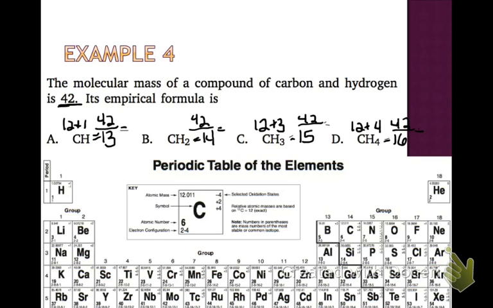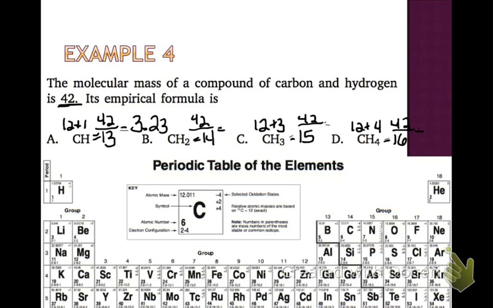So go ahead and take out your calculators and see what would give you a whole number. So for A, if I divide 42 by 13, that gives me 3.23. It's not quite a whole number. Let's see if we have anything else that's a whole number.